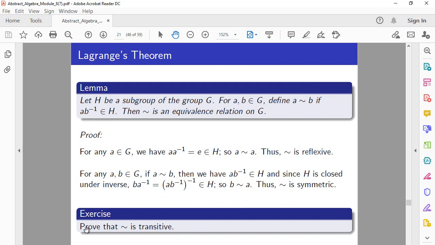I'm going to leave it as an exercise for you to show that this relation is transitive as well.